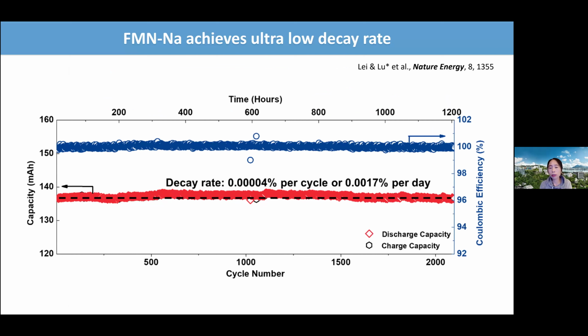So in the long-term cycling, we cycled for more than 2,000 cycles and more than 1,200 hours, and extrapolated the decay rate. So this is again not only a very low decay rate, but also we can operate at much higher current density than before.